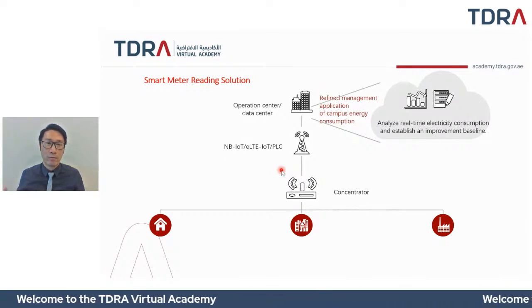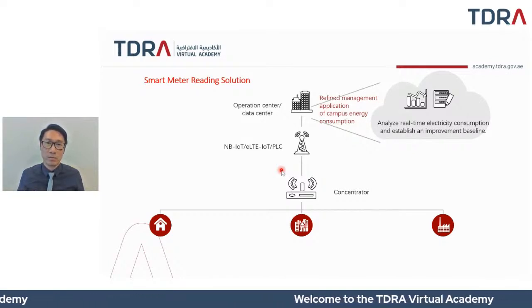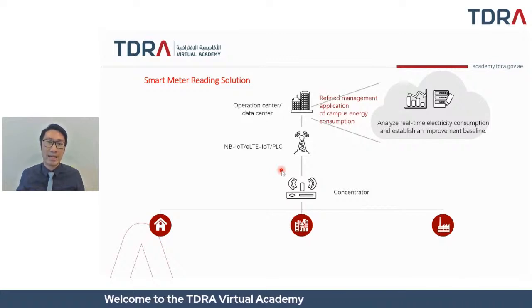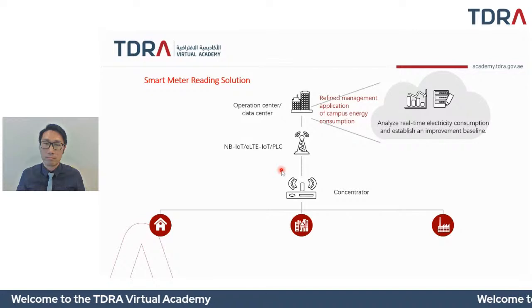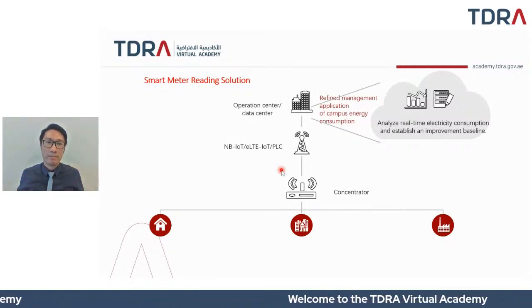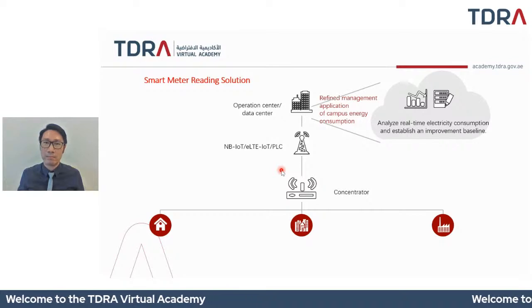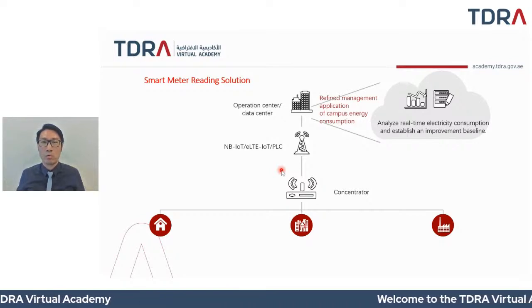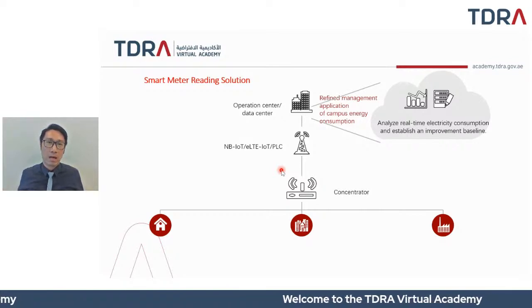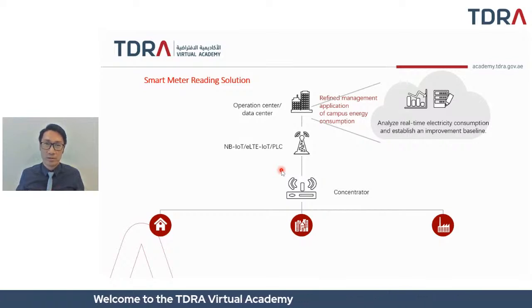And what is good for the company is they don't need to send a person to come manually every month to record how much electricity you use. And for the campus, the benefit is they will have control over how much electricity they need. Okay, and also they can install the solar panel in the campus for more energy efficiency.